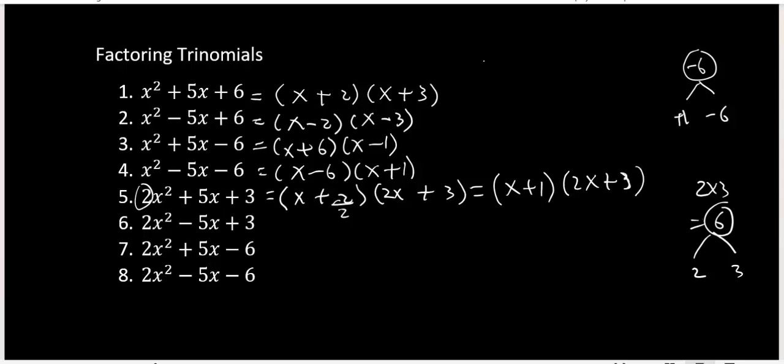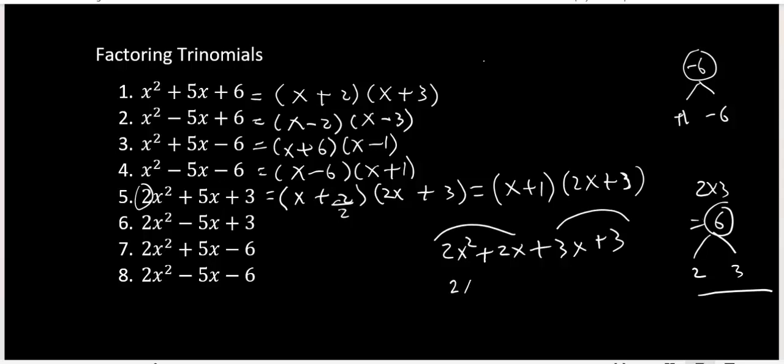So let me show you another way also by grouping method. Since you got the factors 2 and 3, rewrite your problem. You have 2x squared. So 5x will be replaced by 2x plus 3x because of these two factors we have, plus 3. Now you can go by grouping. If you factor out 2x, you get x plus 1, right?